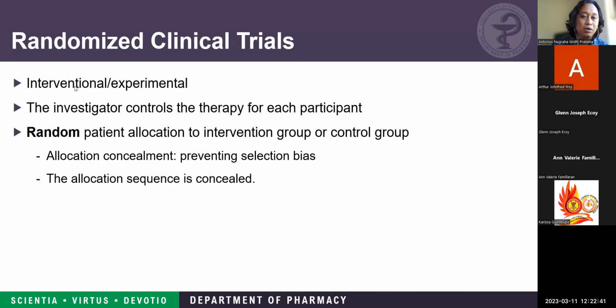This is interventional or experimental, and the investigator controls the therapy for each participant. So you can imagine the manpower behind this study. This study will be big and usually involves not only the research team, but also health professionals that provide the service to the patients.